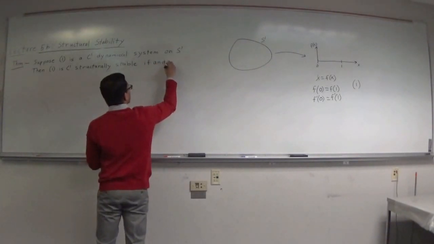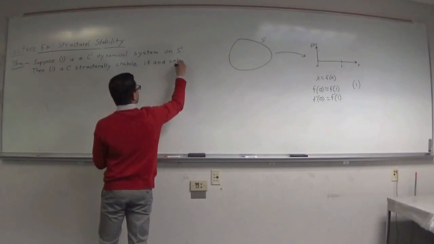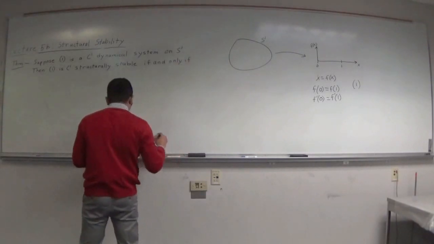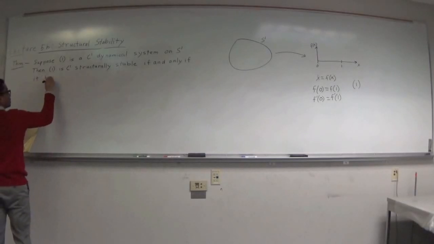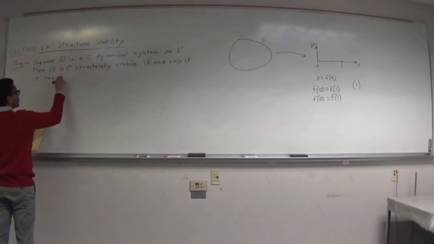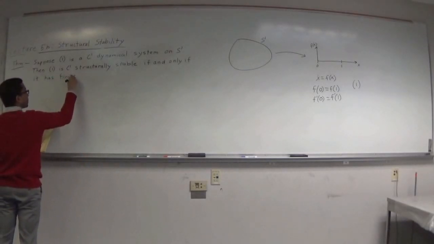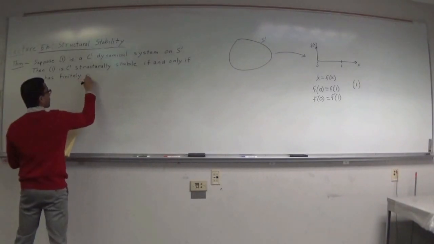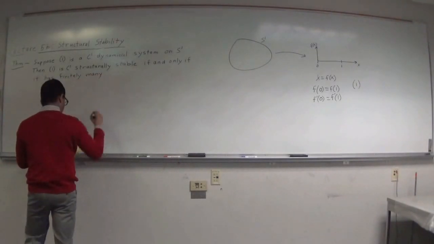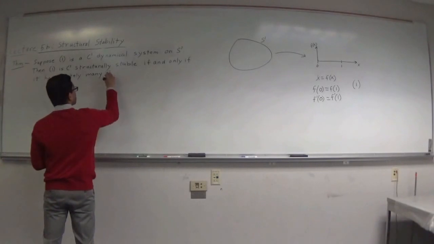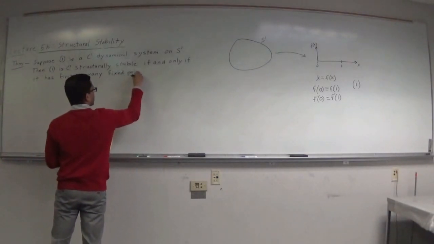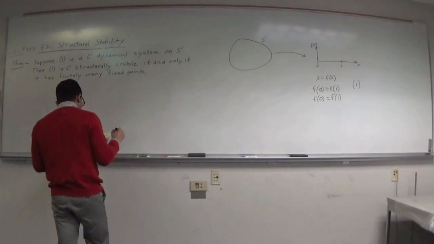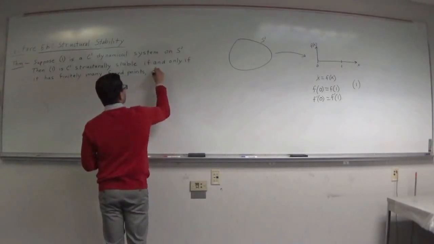We have the if part and the only if part. If and only if it has finitely many fixed points, all of which are hyperbolic.